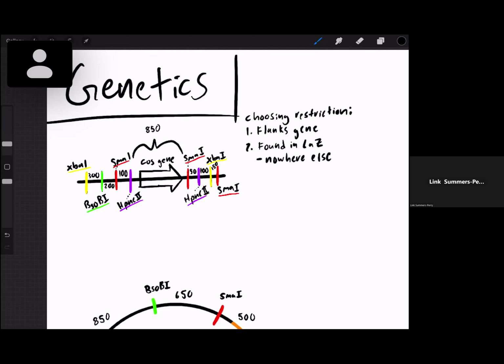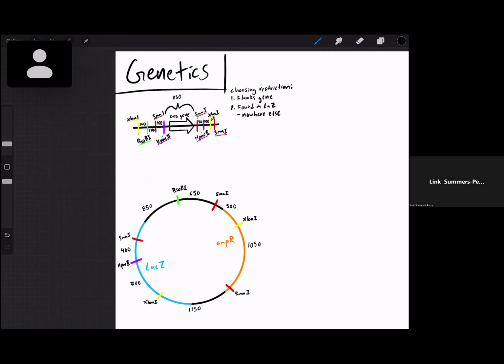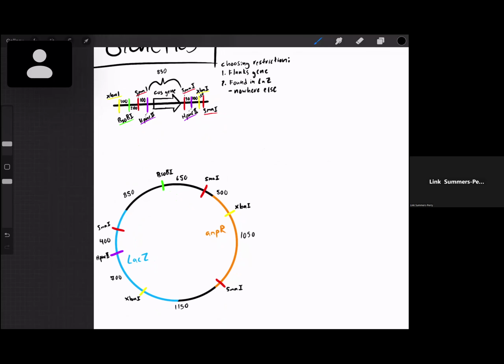So now we move on to the second rule, which is we need it to exist within the LacZ gene and nowhere else. So if we look at our vector here, SmaI exists within the LacZ, HpaI and C2 exists within the LacZ gene, and XbaI also exists within.